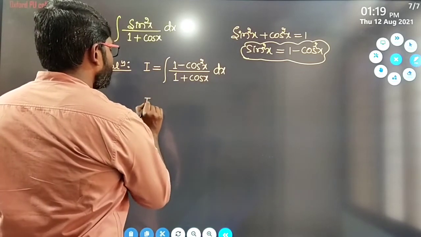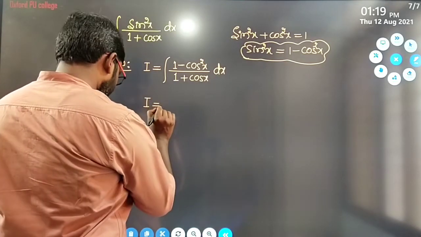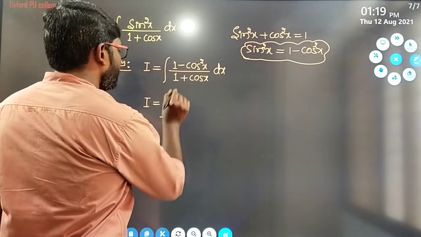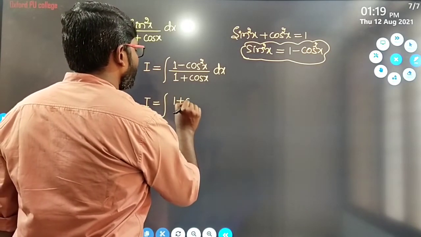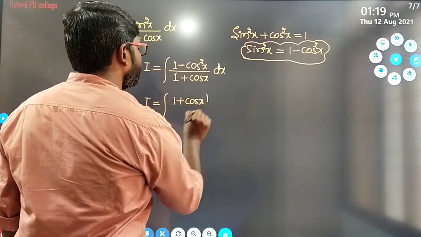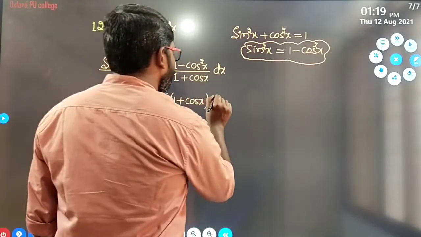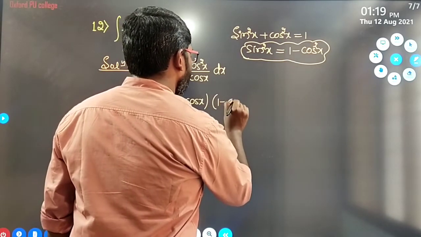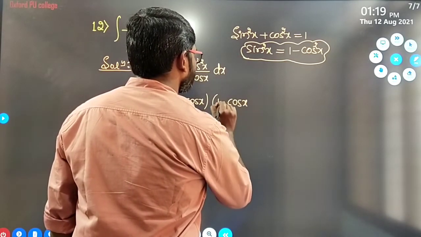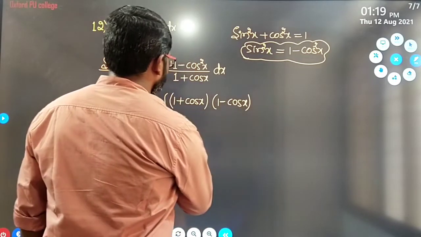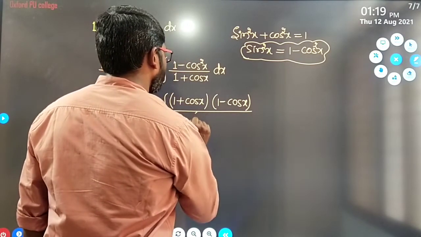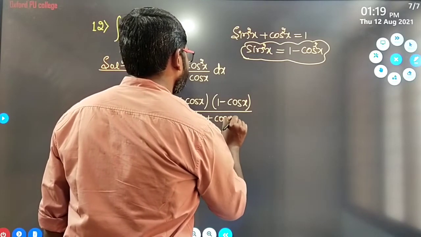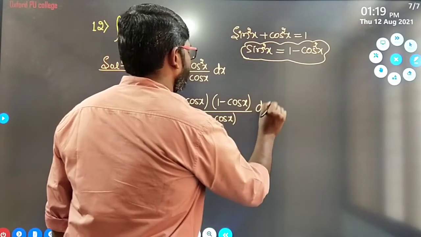Then I equals integral, a plus b, that is 1 plus cos x, into a minus b, that is 1 minus cos x, divided by 1 plus cos x as it is, then dx.